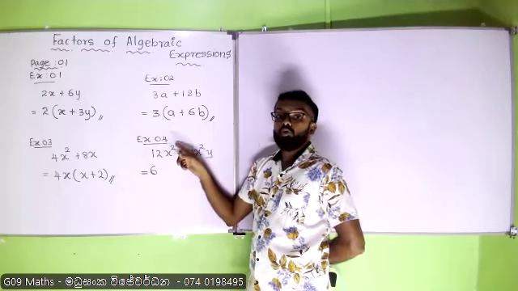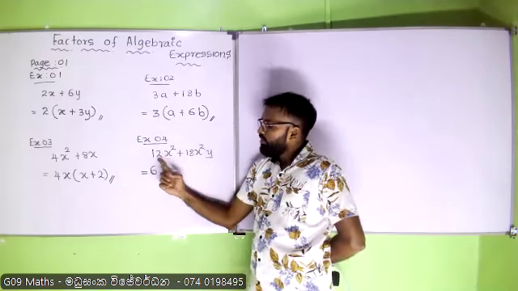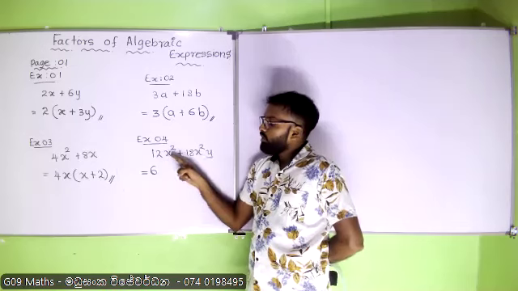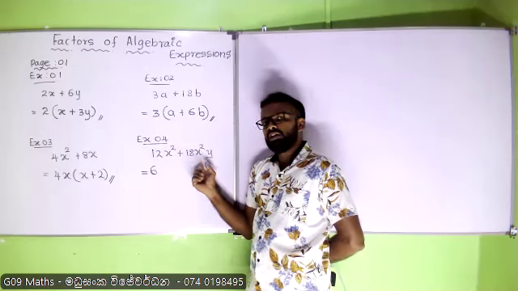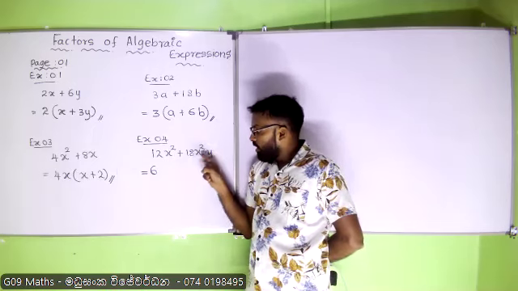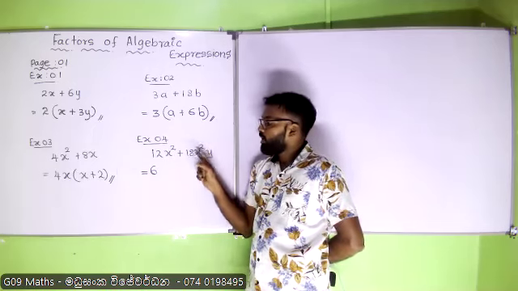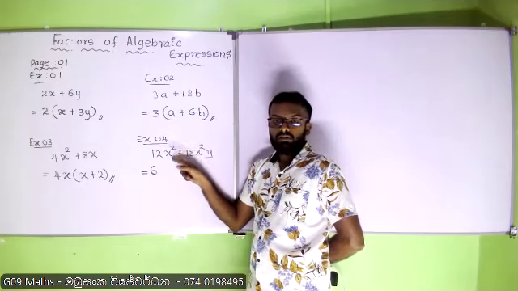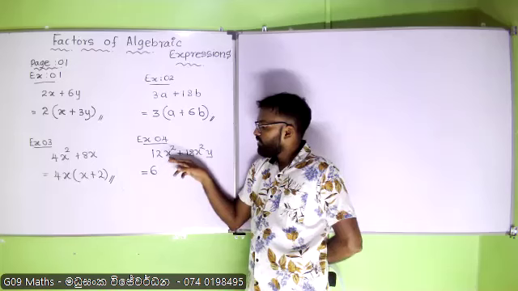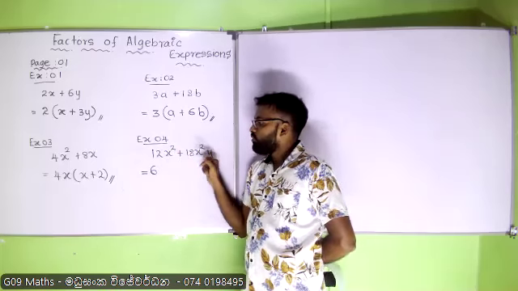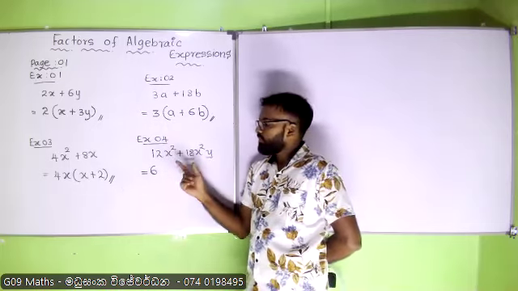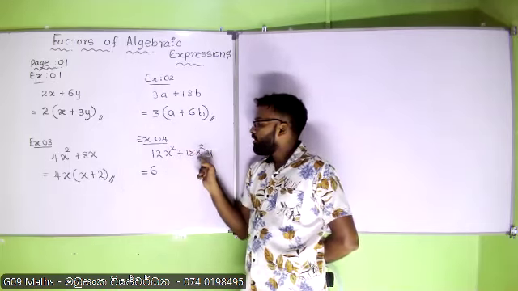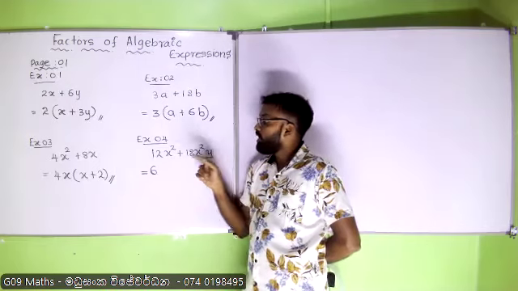It is x to the power 2, because when we consider the first term, x to the power 2 is here, and in the second term we also have x to the power 2. Sorry, not the highest power.